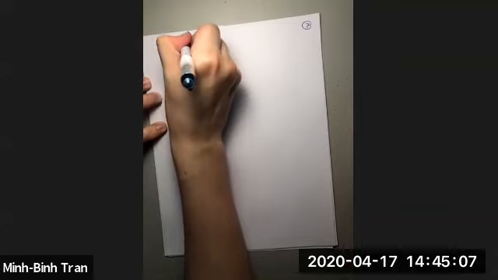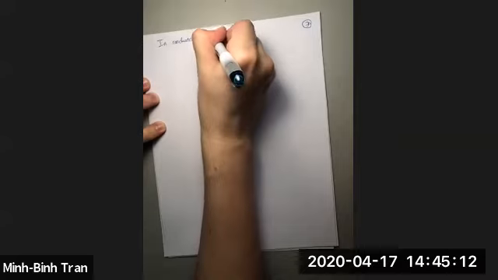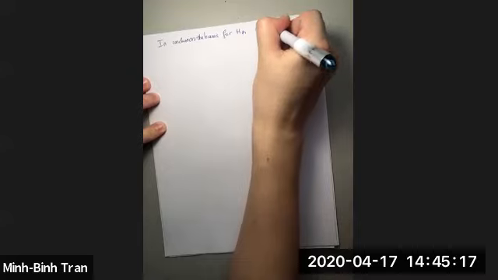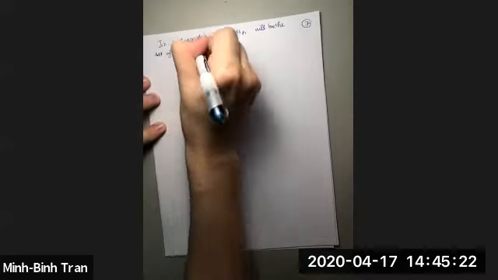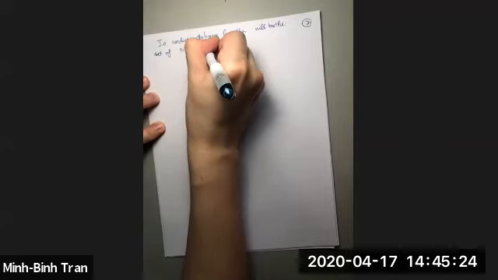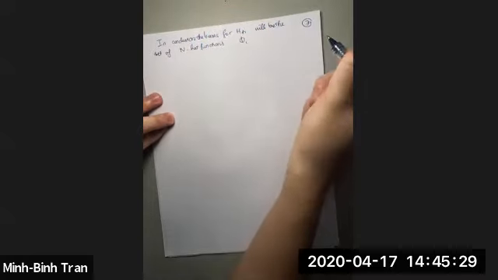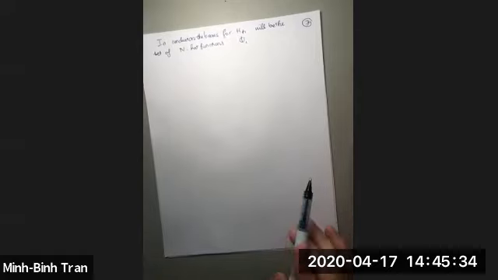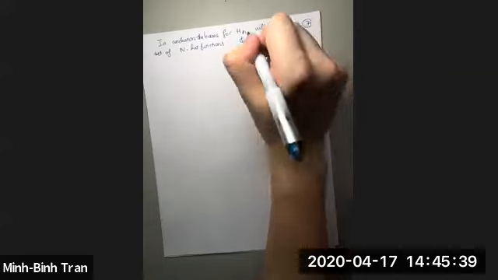So in conclusion, the basis for HS will be the set of n hat functions phi i that we constructed before, right? And this is also our last homework of this class.